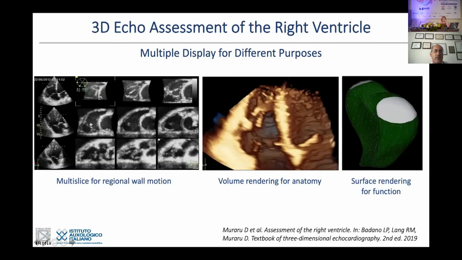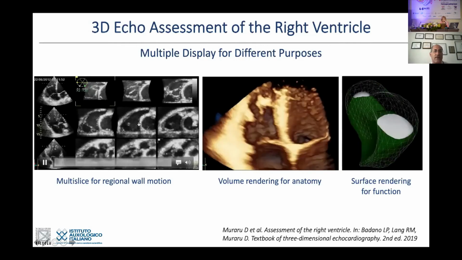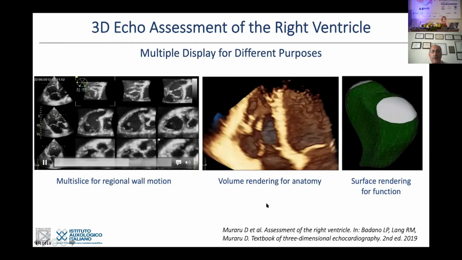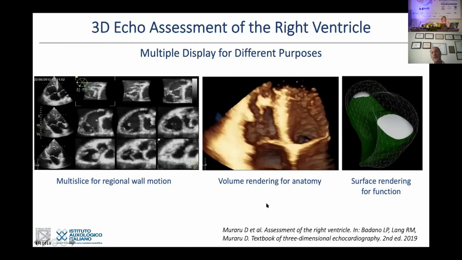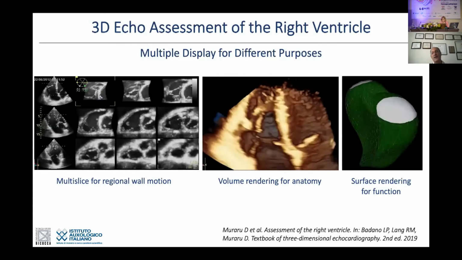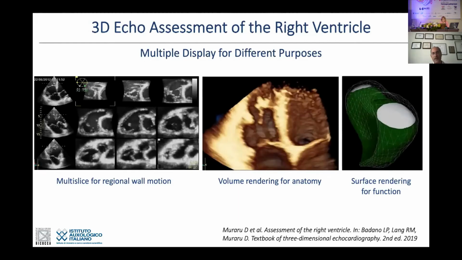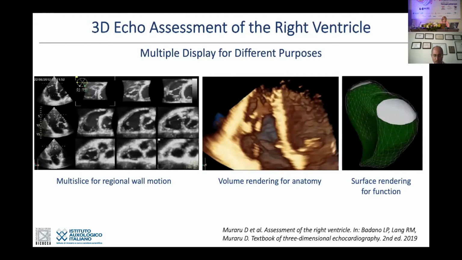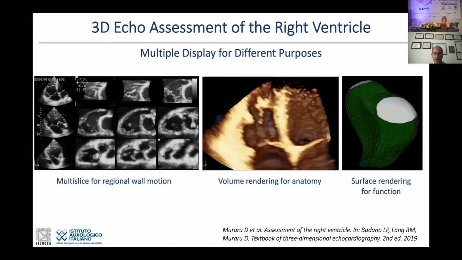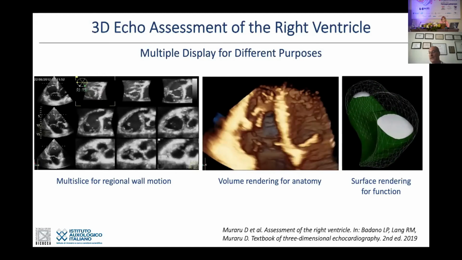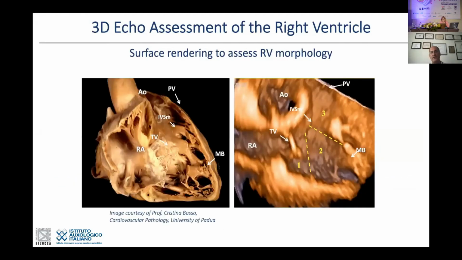Like in this example of inferior myocardial infarction, you see the akinesis of the inferior wall of the right ventricle. You can use the volume rendering to look at the anatomy of the right ventricle, looking at the papillary muscles and the different parts. Or you can use the surface rendering to look at the function, to make measurements of volume and ejection fraction.